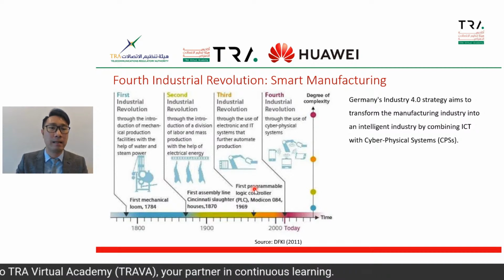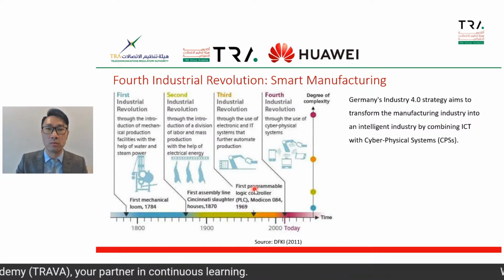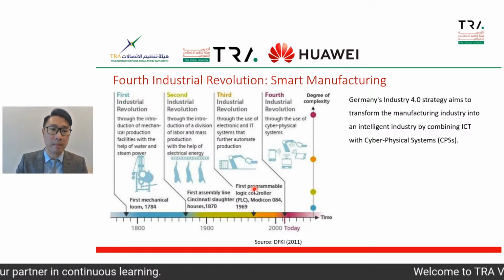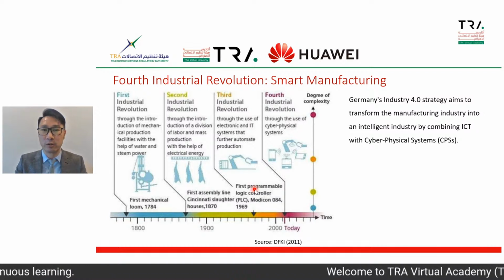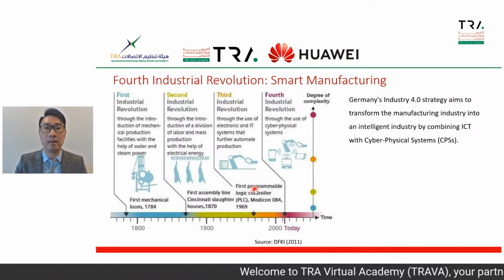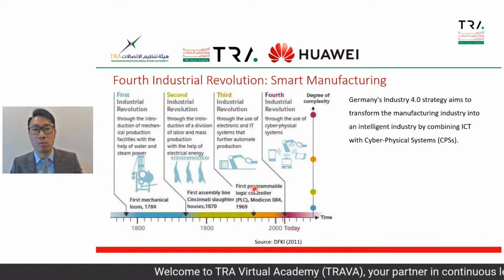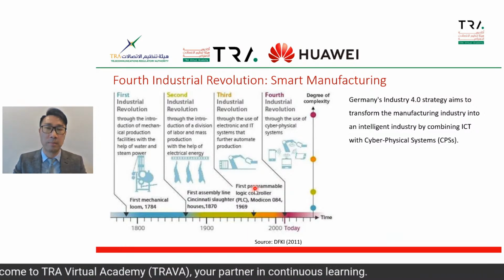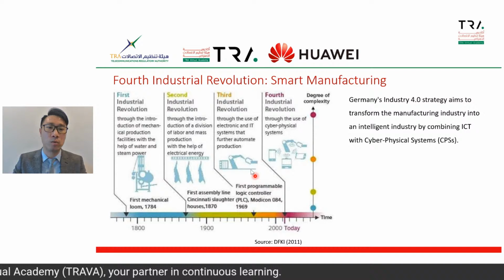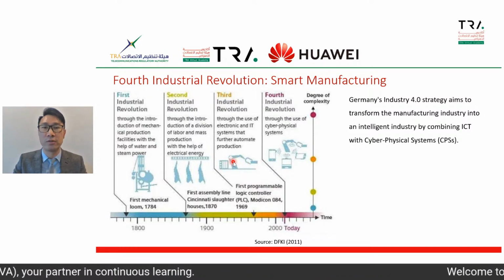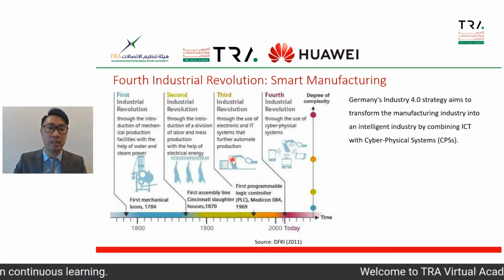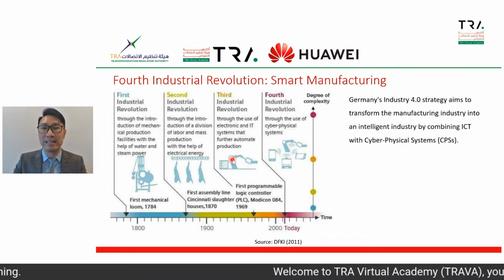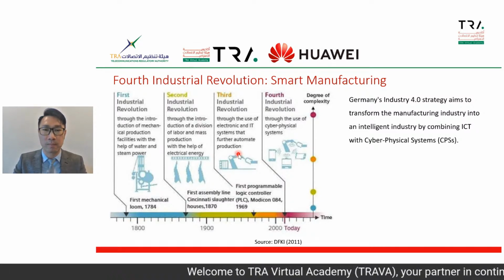The second industrial revolution was near the 19th century, driven by electricity, so electrical energy. And the third one by the programmable logic controller, the PLC. We started to use PLCs in the machines, and robots started to replace some of the human workforce.